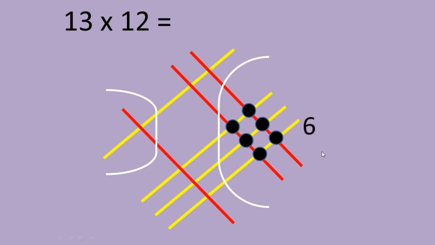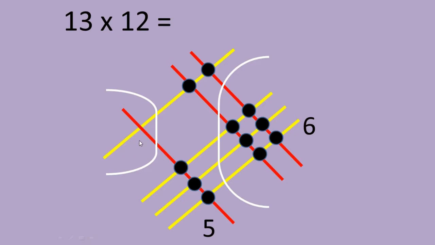So we have 6 intersecting lines. In the second part, we have 1, 2, 3, 4, and 5. So we have 5 intersecting lines.